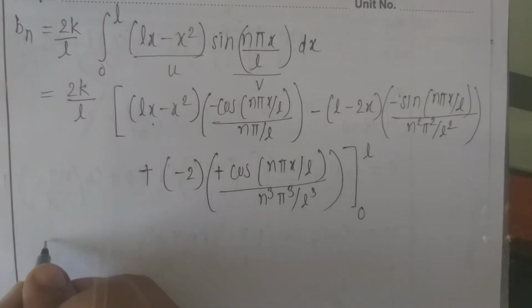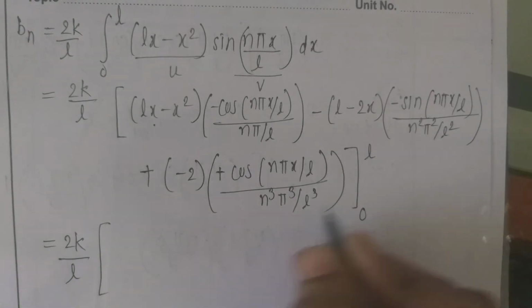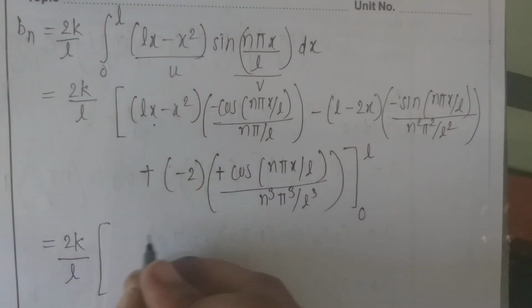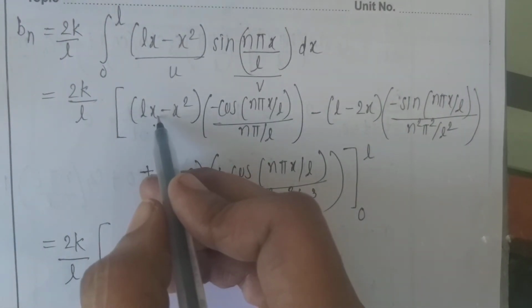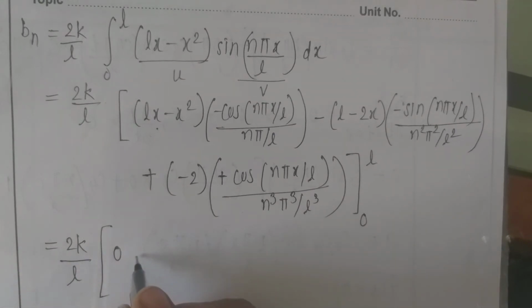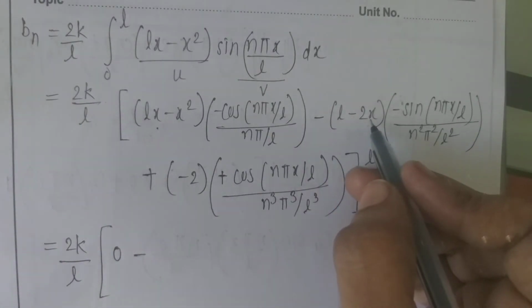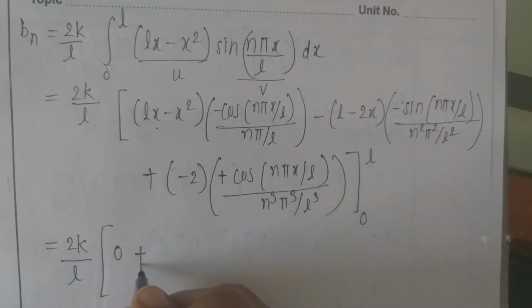So simplifying it further, it is equal to 2k by L, substituting the upper limit as well as the lower limit. If we put here the upper limit, L into L becomes L square minus L square. So the first term becomes 0. The second term is minus L minus 2L, which becomes minus L. Minus L with this minus becomes plus.